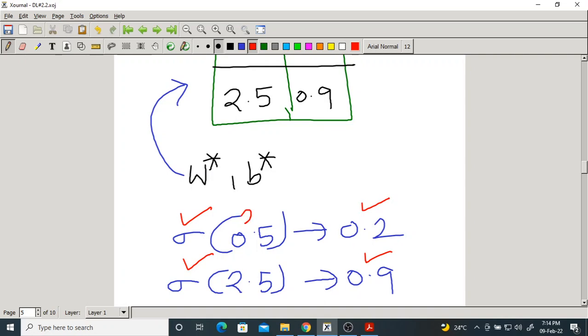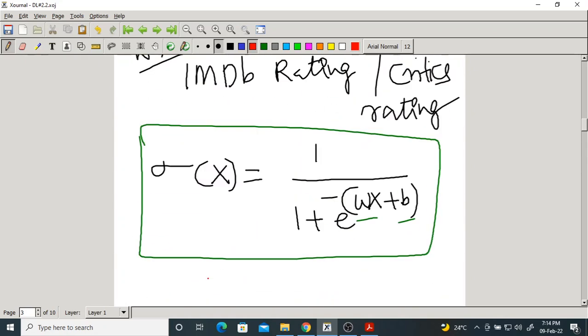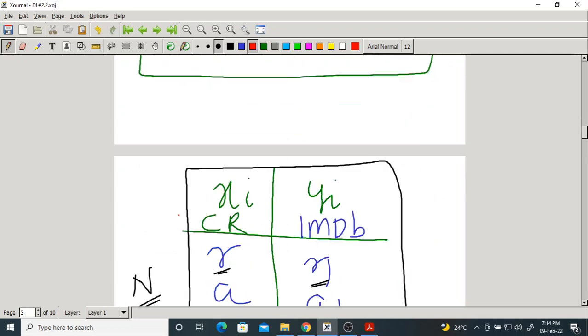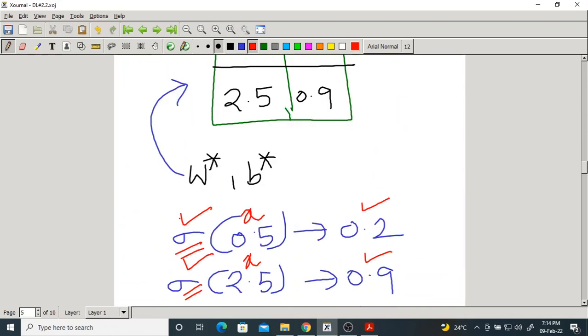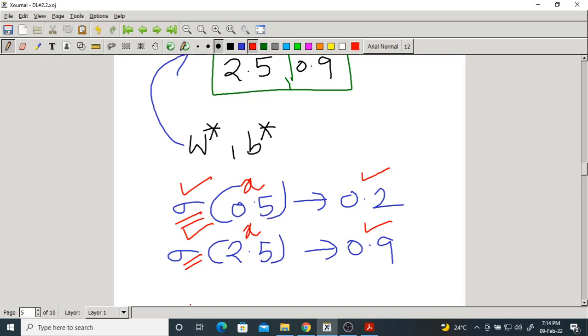These are the inputs, and we substitute them in the sigmoid function. In the function, what are the unknown parameters? W and B. If you learn these parameters properly from the training data, obviously the sigmoid function will converge to the true values or actual outputs. Then the network works perfectly.